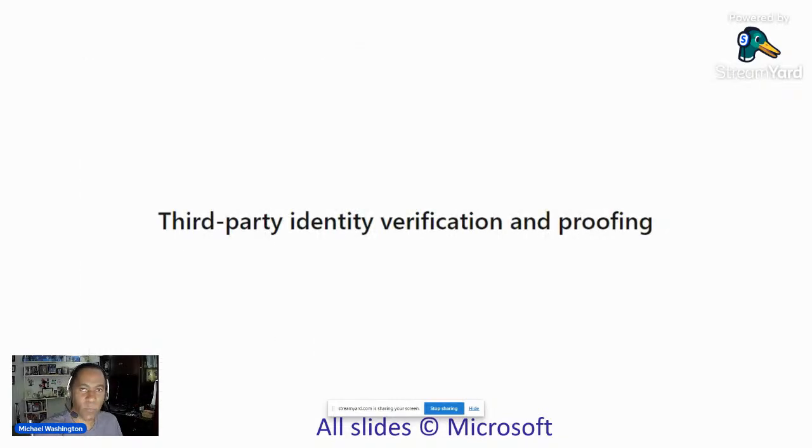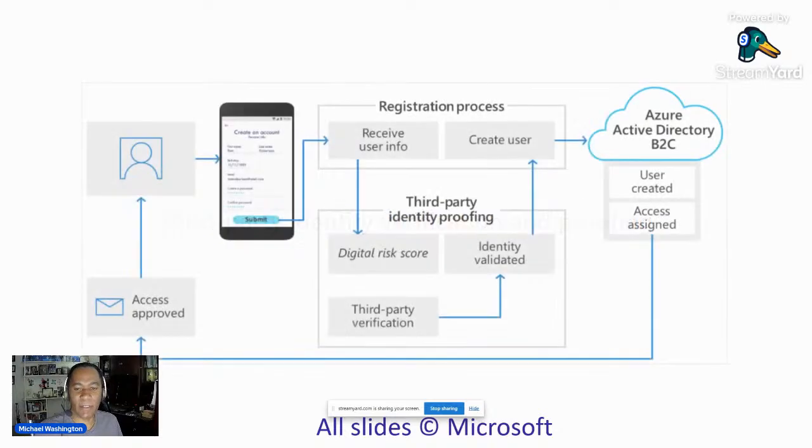Another really great thing about Azure B2C is security. Here you can have third-party identification validation. Starting in the upper left-hand corner, the person logs in and says they want to create an account. Let's say you want to make sure that people aren't creating a bunch of spam accounts.